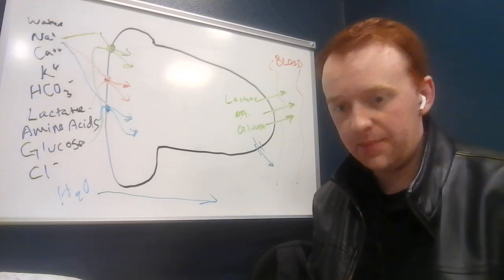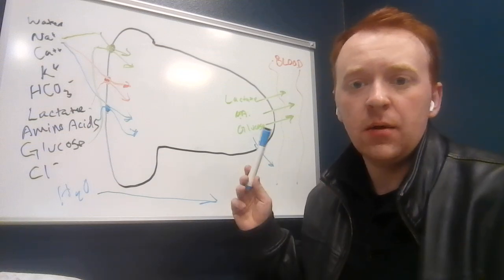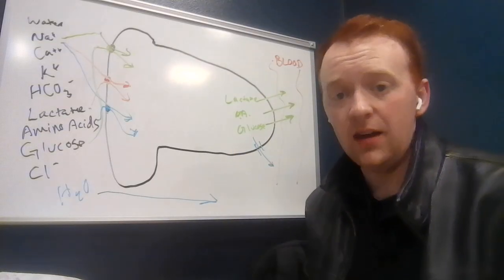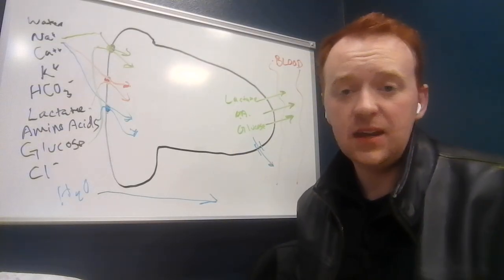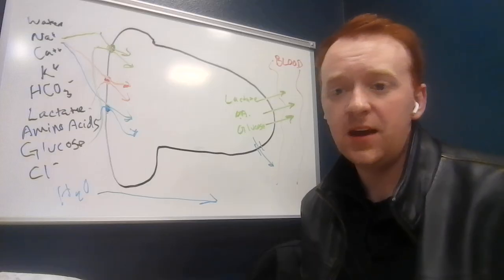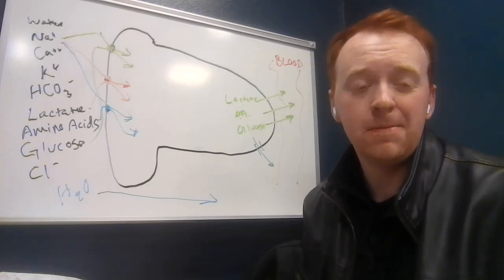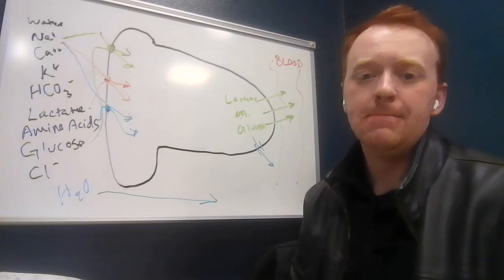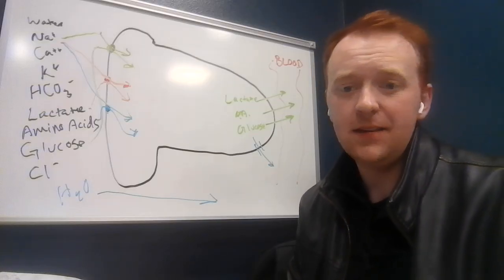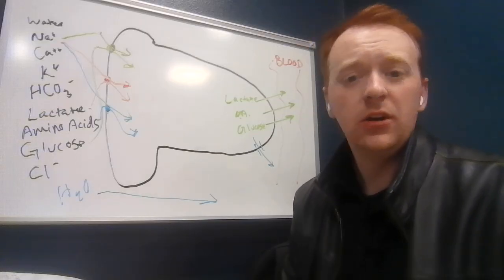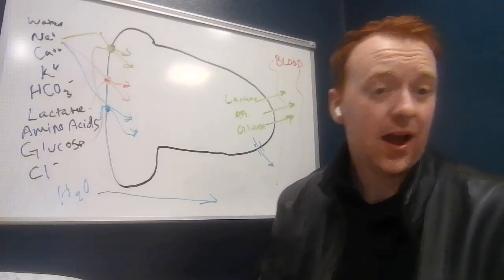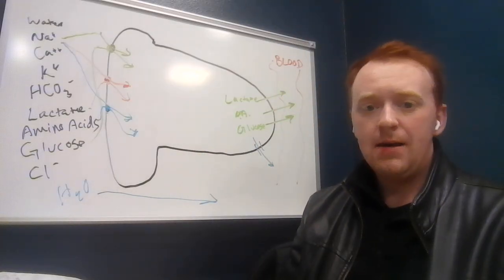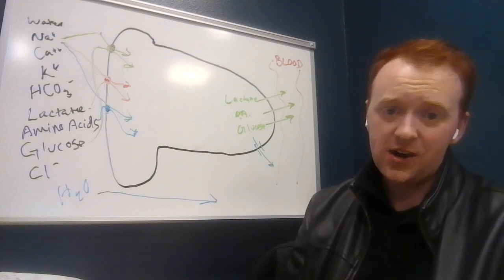I drew that kind of sloppy. But this is the proximal convoluted tubule, moves a lot of ions through. Sodium is the key player. Sodium is actively pumped out of the tubule cells into the blood using sodium-potassium pumps. We talked about that early on. That creates a gradient, so other solutes can follow. Glucose and amino acids hitch a ride with sodium as well, using these transporters, and we call that secondary active transport.